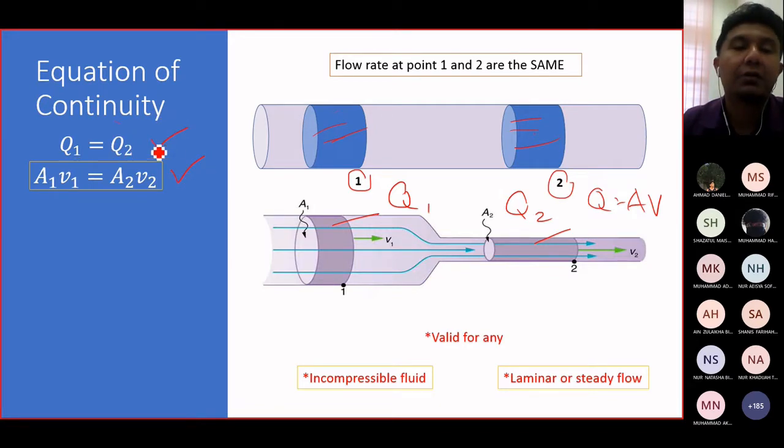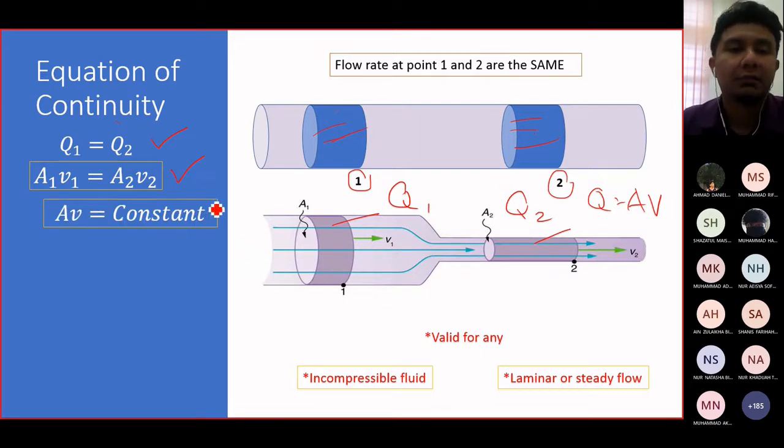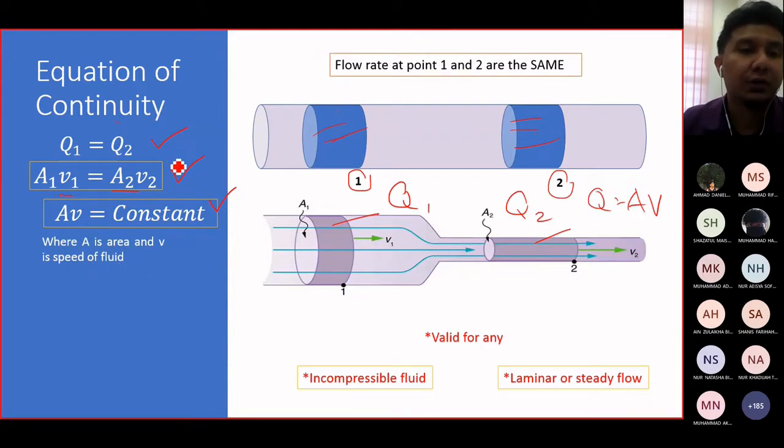If you write only this part, I will only give you partial marks, not full marks. Or, because this is the same, you can write it like this and state that A is area and V is speed of fluid. If I ask what is the equation of continuity, please give this and this. This one is only partial marks.